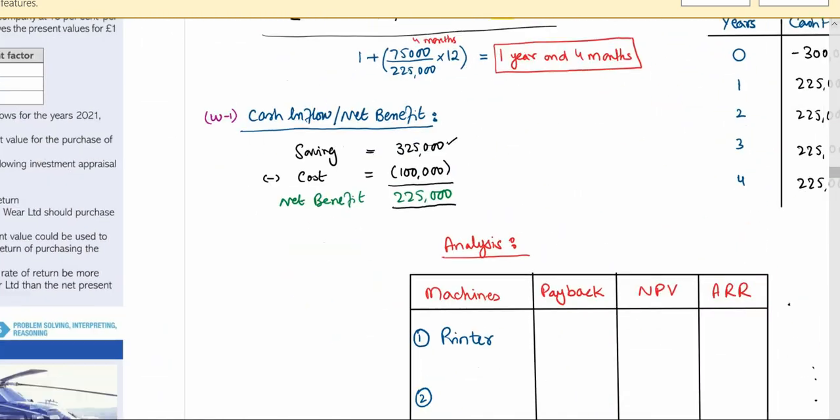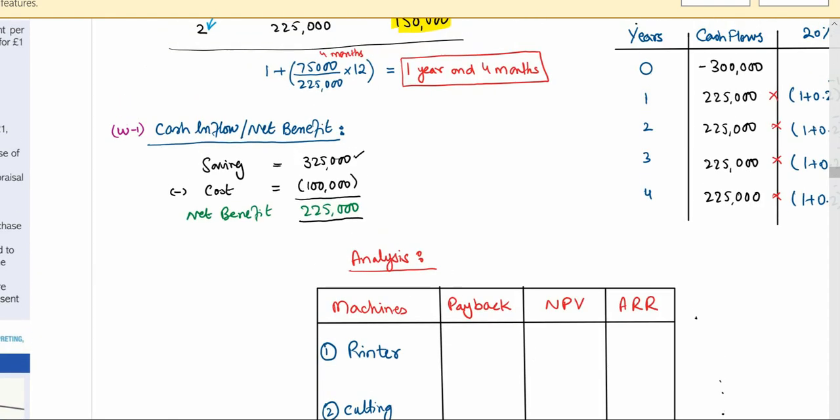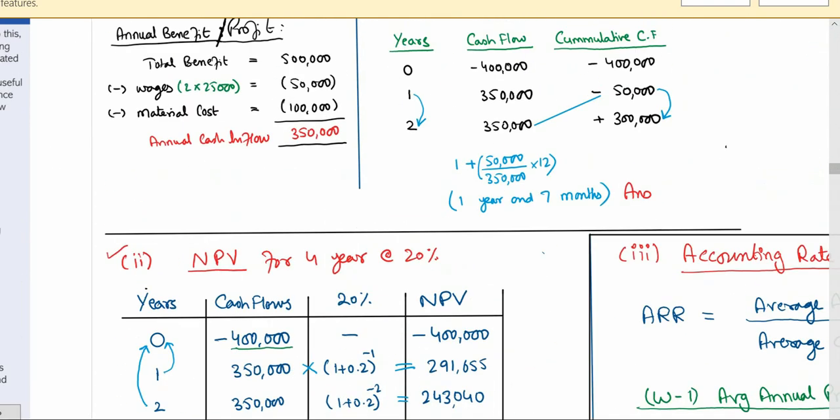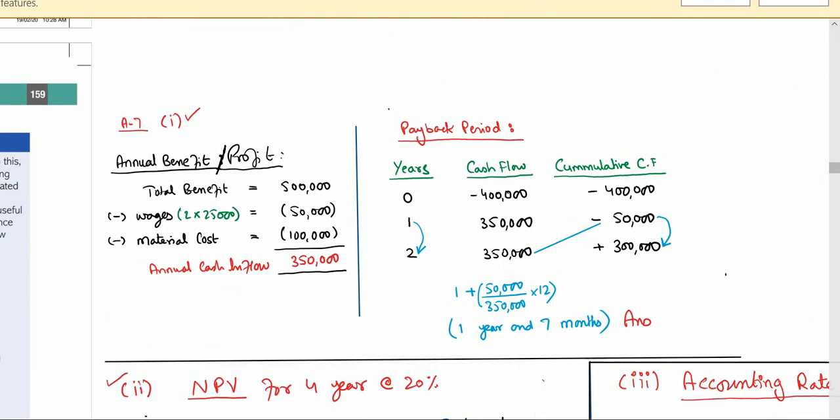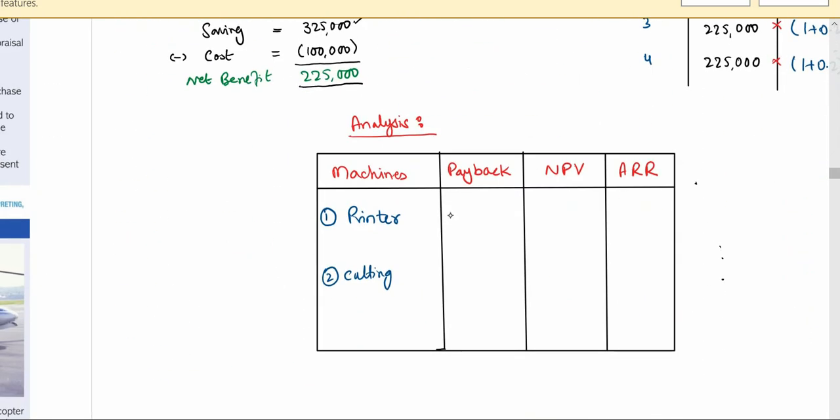Second was cutting machine. So for printer, payback is 1 year 7 month.